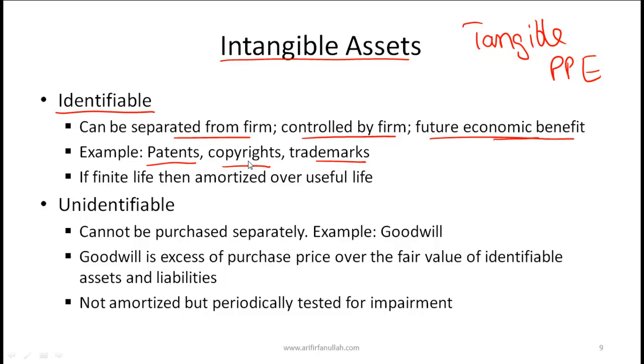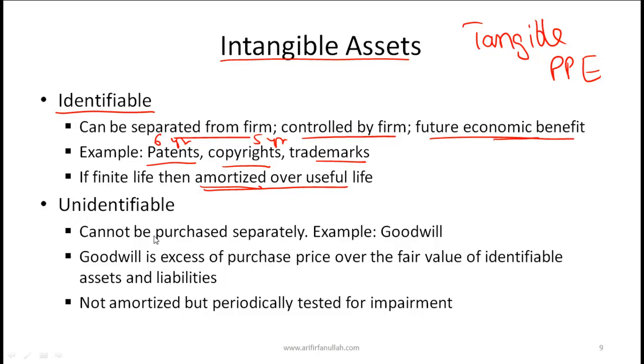So for example, you might have a 5-year copyright or a 6-year patent and so on, or it might be infinite. So for example, your trademark might have an infinite life and so on. When you have a finite life, then the value of that intangible asset is amortized over its useful life, and this amortization is almost exactly like depreciation.